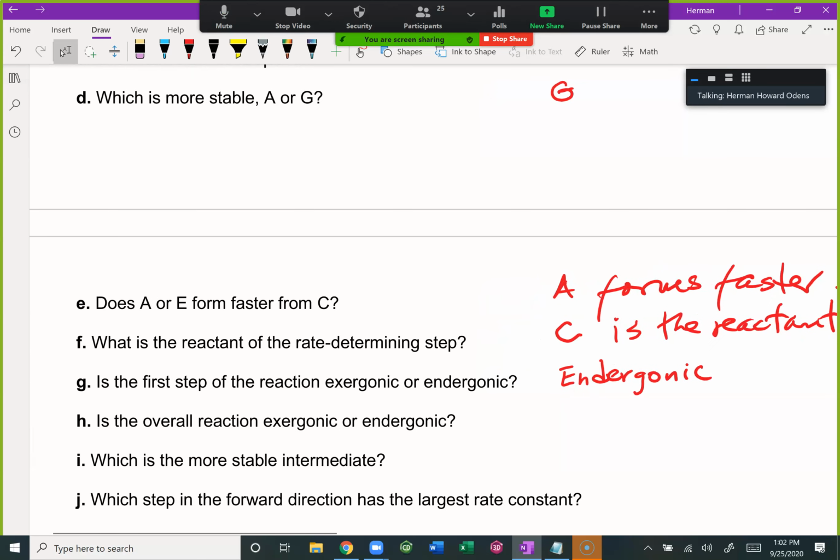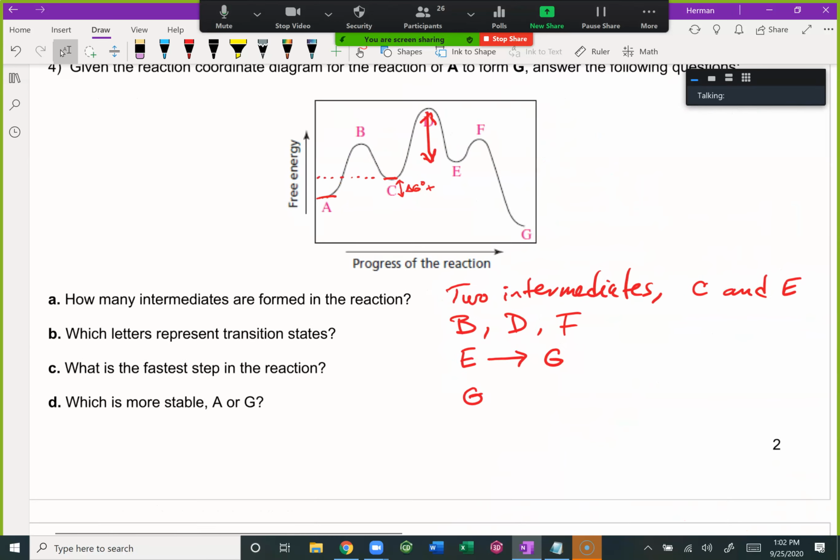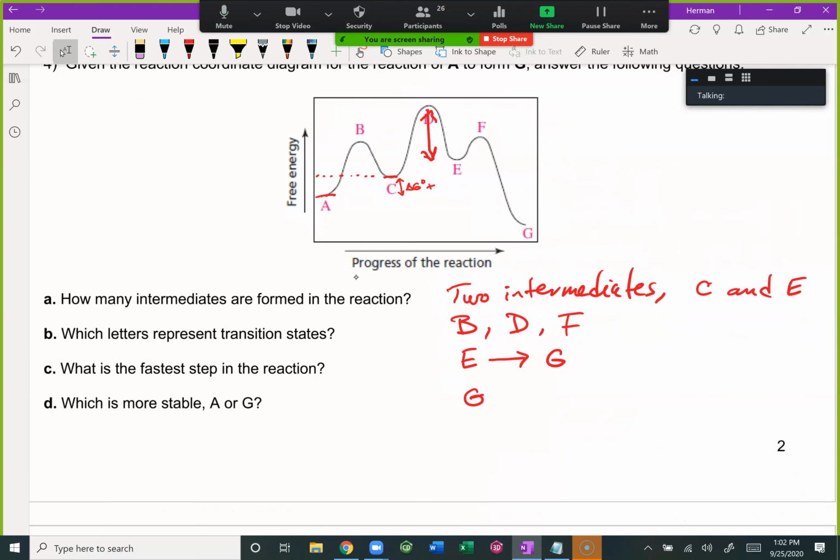All right. Letter H. Is the overall reaction exergonic or endergonic? Who can answer that? So the overall reaction is from A to G. Yes, it's exergonic.